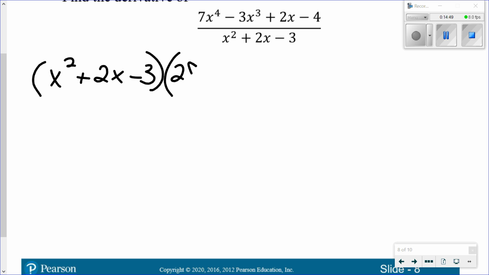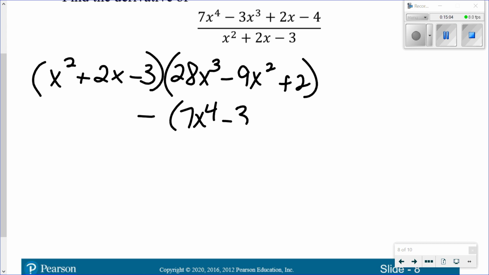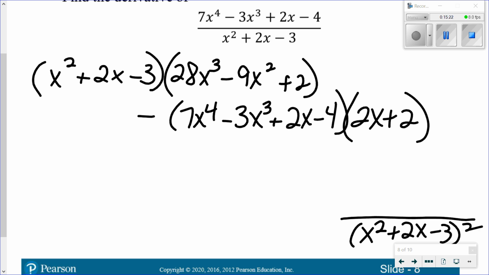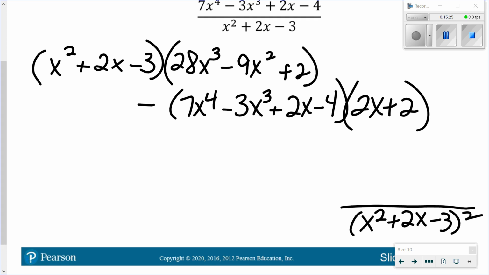So that's going to be 28x cubed minus 9x squared plus 2, minus, I'm writing it down here because I ran out of room, the top, 7x to the fourth minus 3x cubed plus 2x minus 4 times the derivative of the bottom, which is 2x plus 2. Okay, now, I'm going to go ahead and put the bottom squared over here right now, 2x minus 3 squared, because I need all the workspace I can get up here.